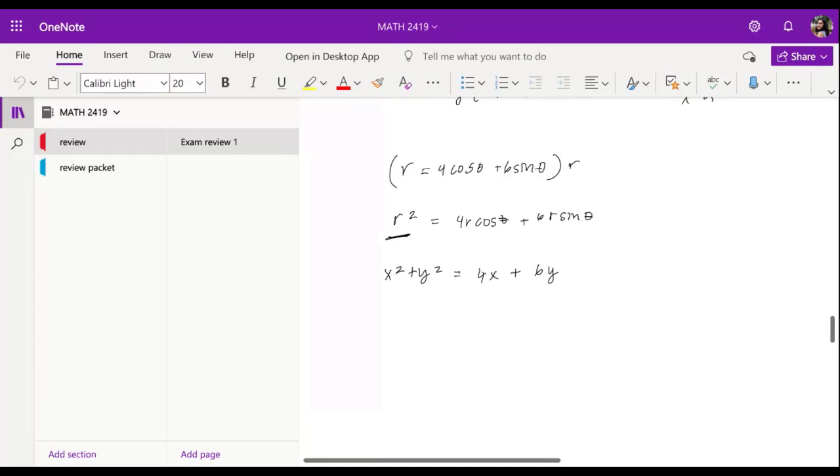So now we have x squared and y squared, as well as x's and y's. We're going to try to come up with an equation that is actually telling us what kind of curve it is. So to do that, how do you think we can combine the x's and the y's? Do you guys have any ideas?